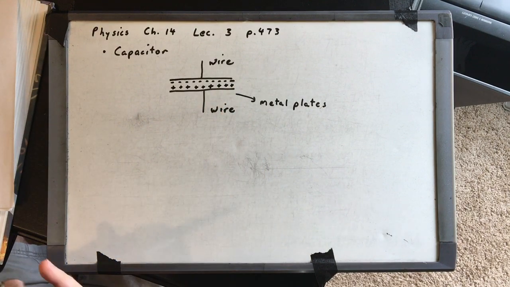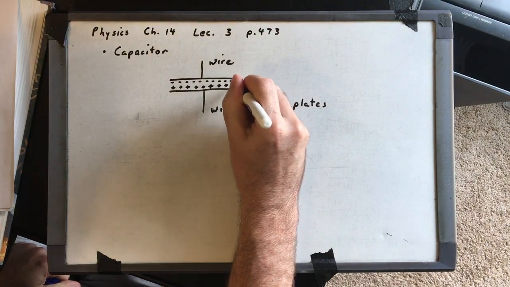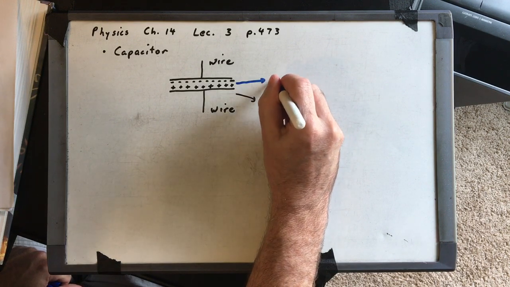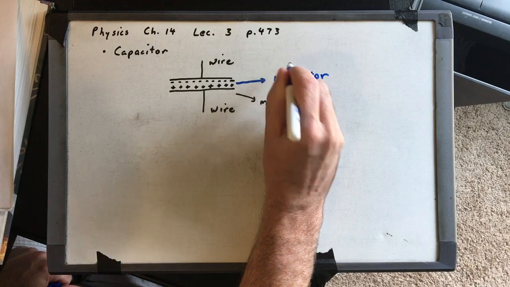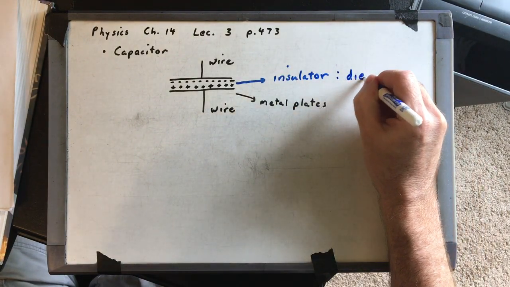Now, those charges can't flow to each other because those plates are separated. Okay, so they're separated by some sort of insulator. Now that insulator has a name. It's called a dielectric.